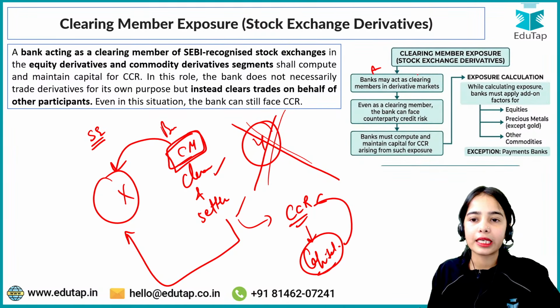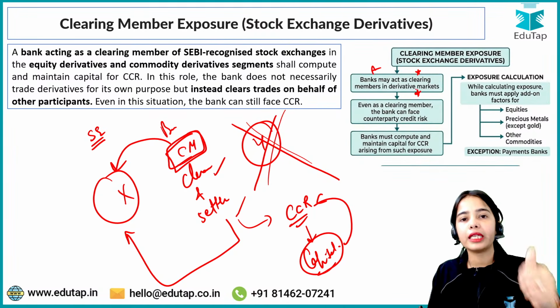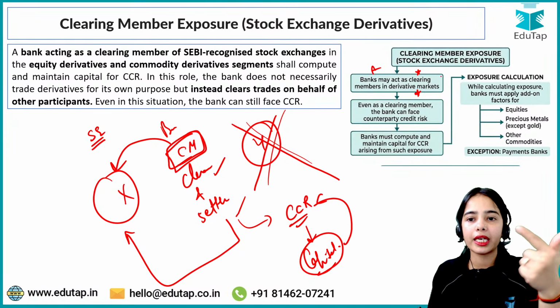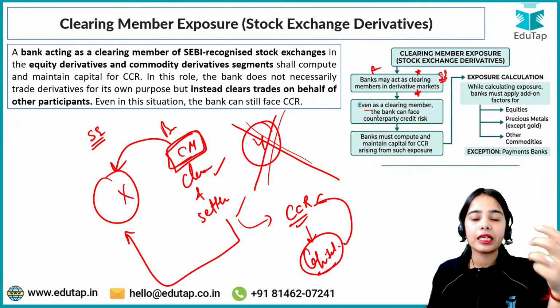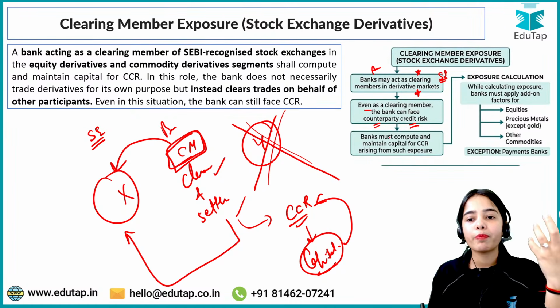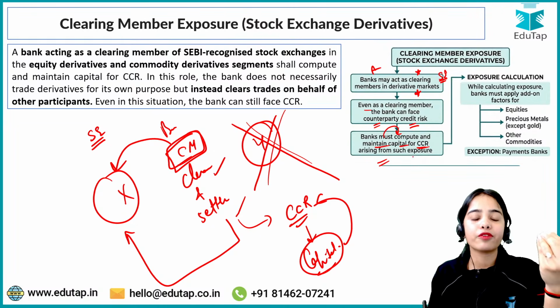So banks may act as a clearing member in the equity and commodities derivative market in the stock exchange. Even as a clearing member, the bank can face counterparty credit risk if a party defaults, so banks must compute and maintain capital for the counterparty credit risk arising from such exposure.